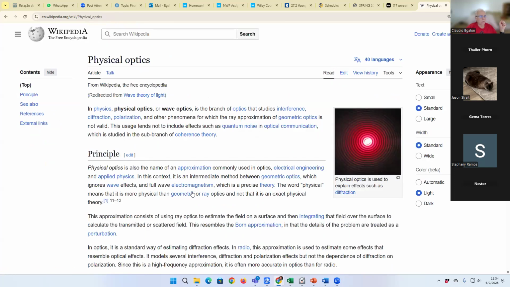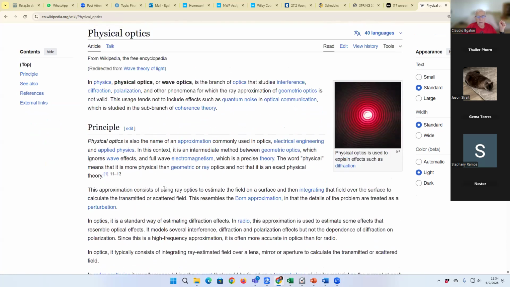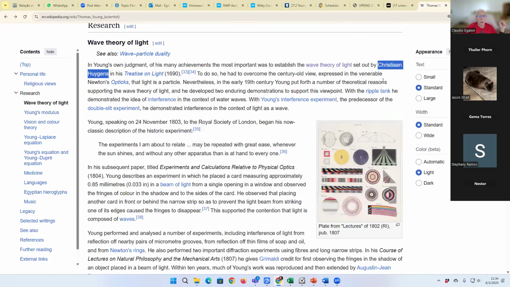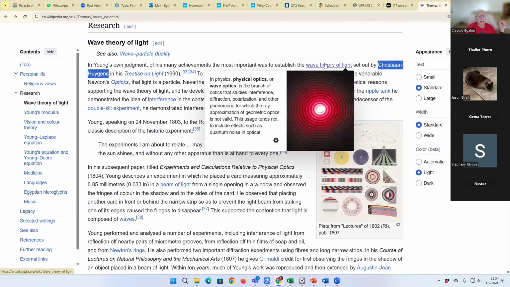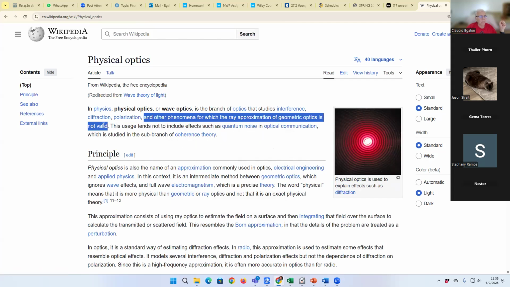Okay, wave theory of light. Let's take a look. Unfortunately, they don't have the history behind it. Yeah, wave theory of light is connected with physical optics, or wave optics, the branch of optics that covers interference, diffraction, polarization, and other phenomena for which the ray approximation of geometric optics is not valid.